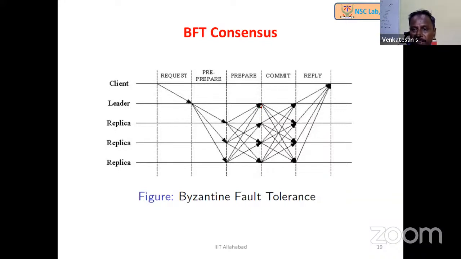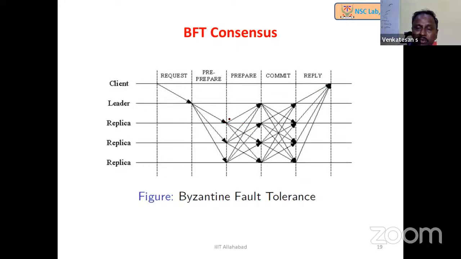After modifying the database, they are not finalizing it, they are only modifying. So the modified output, they are exchanging with all others again. Once they see the majority, then they finalize it and send the response to the client that now your query is satisfied or not satisfied. This is the way the Byzantine fault tolerance works.